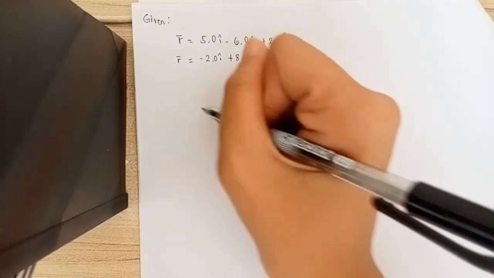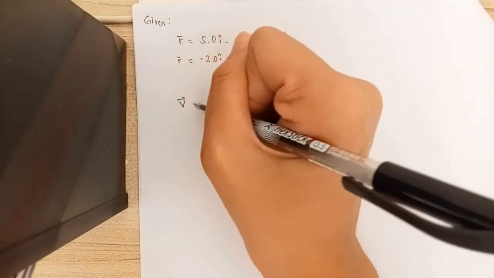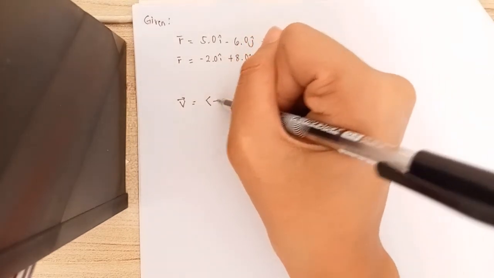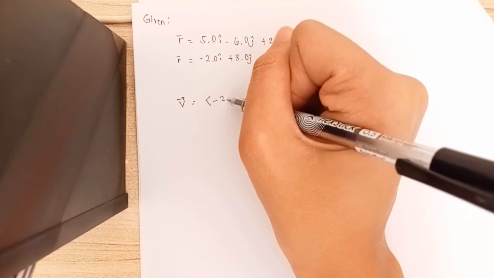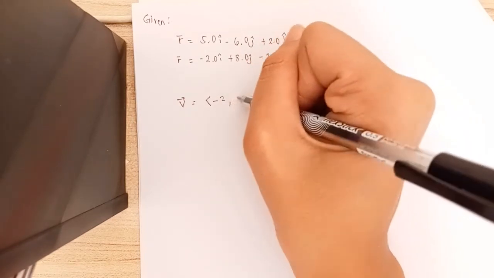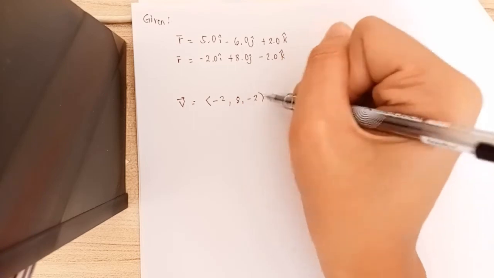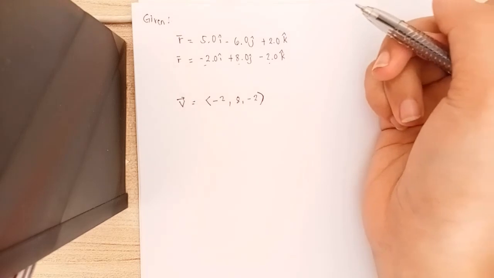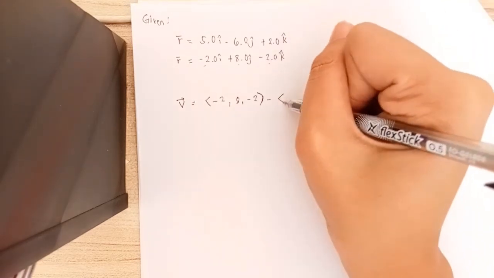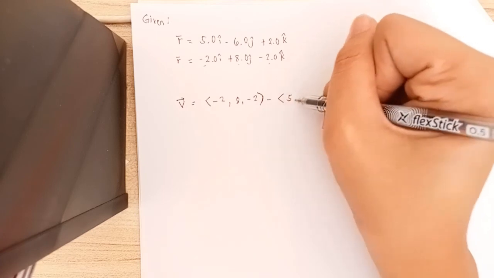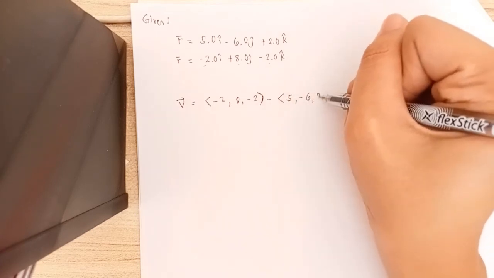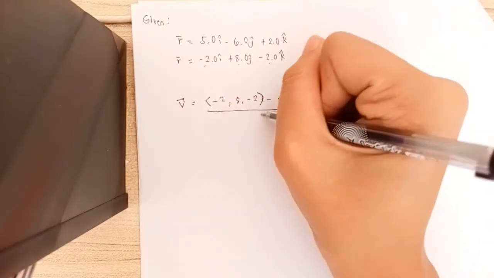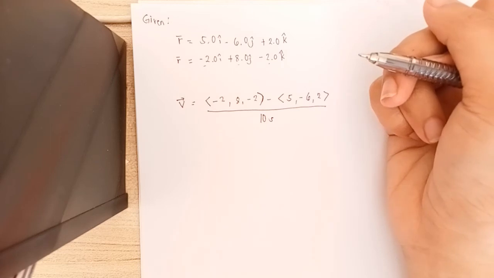So we're looking for the average velocity. So how will we solve for it? Average velocity is equal to the final minus the initial. So for the final, we will only write the constants. So that will be negative 2, positive 8, negative 2, minus the initial position, which is 5, negative 6, positive 2, divided by the time, which is 10 seconds.